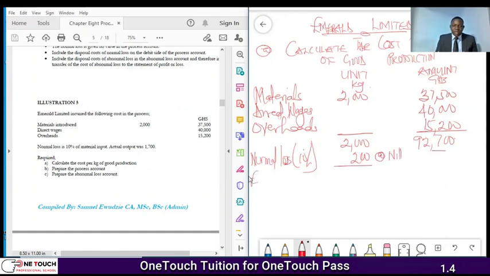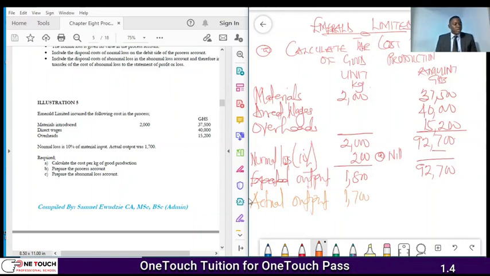So the expected output is what? 1,800. But the actual output from the process was 1,700.